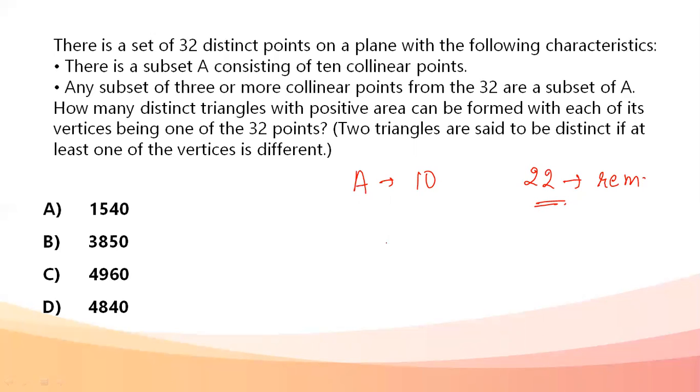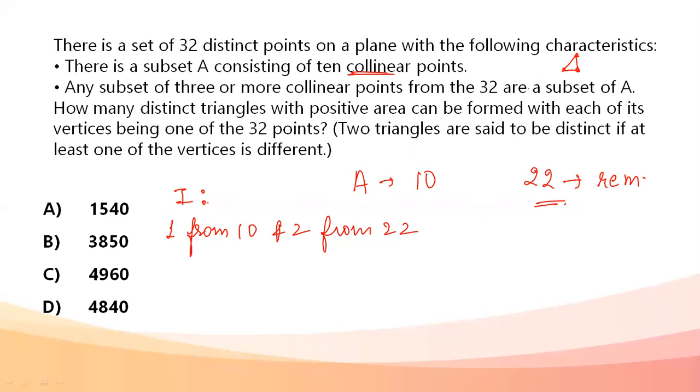So a triangle can be formed by taking 1 from 10 and 2 from 22. This is my first case that can follow up. And for forming a triangle, it is very important. These 10, these are collinear points. So for forming a triangle, I need to have at least one point that should not be collinear.